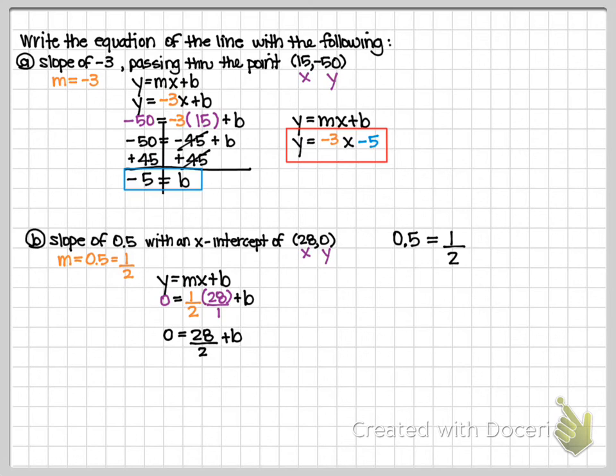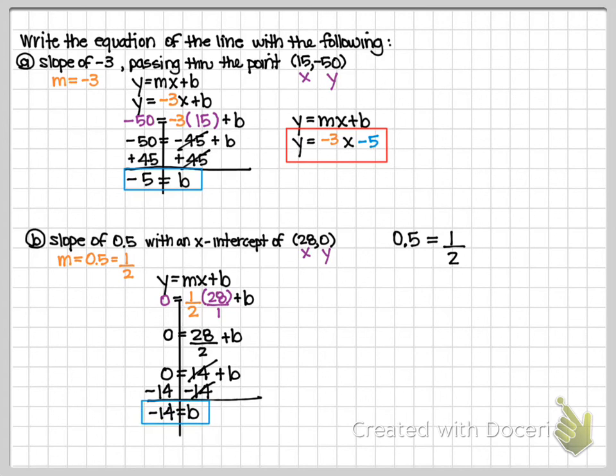And then from here, I know that 2 goes in there 14 times. And then the last thing I have to do really is to move the number in front of the b. 14s cancel. That gives me negative 14 is equal to b. So I found my b value.